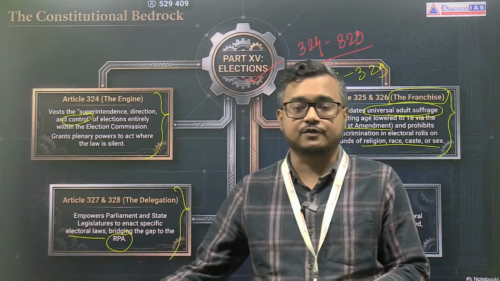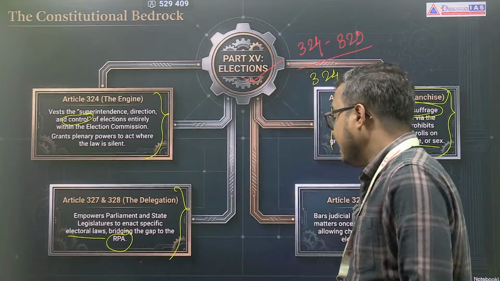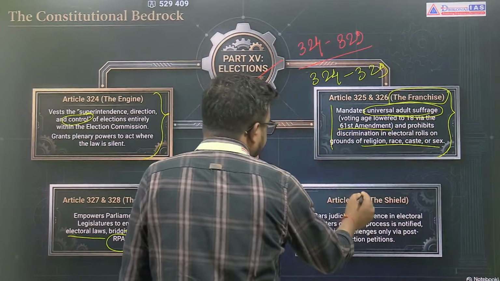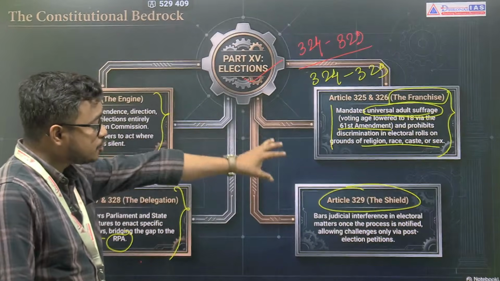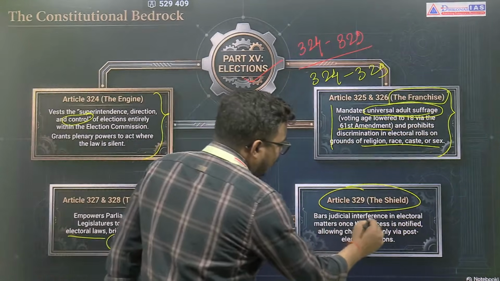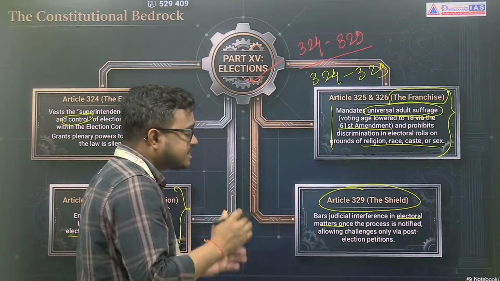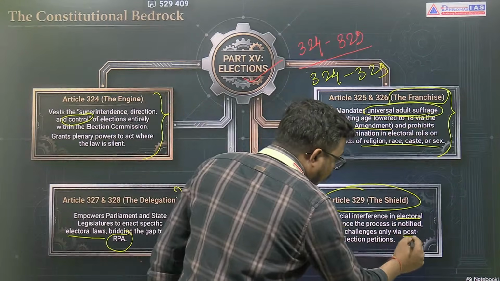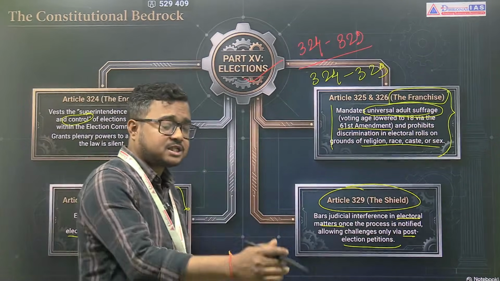There are multiple laws made by both Parliament and states to bridge that gap. And lastly, we have Article 329, the judicial shield. It says that once the electoral process is notified, you can only challenge via post-election petitions. You have to file a petition to challenge.